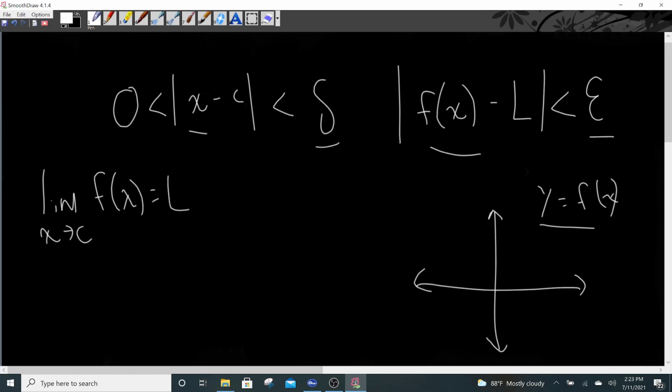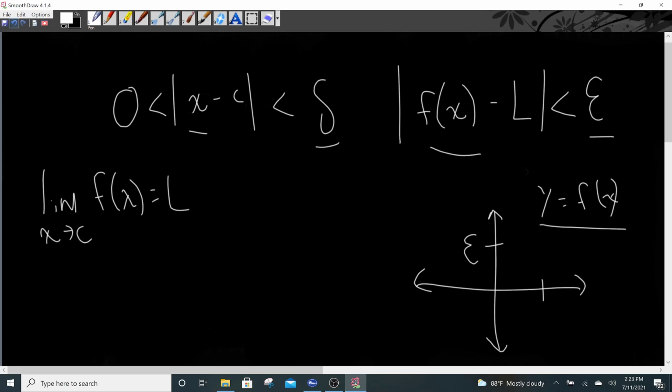But if y equals f of x, then epsilon is going to be a y value, and delta is going to be an x value because it's dealing with our x right there.